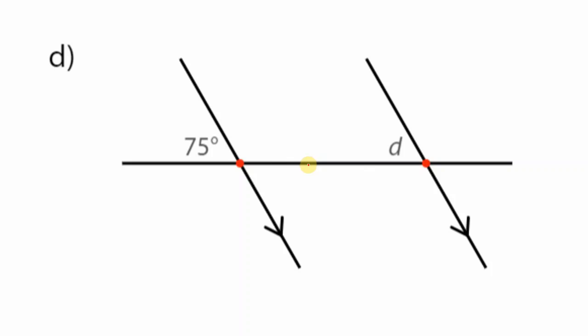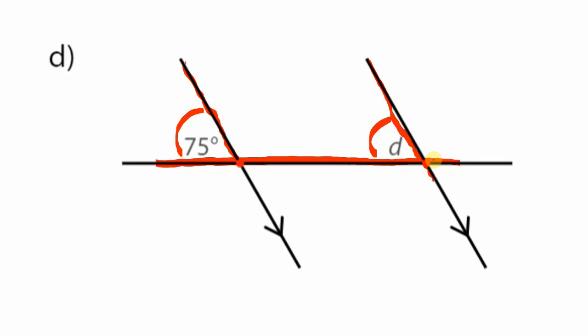Okay, so let's see. D, what shape do we have here? Okay, I see the F shape. If I look at this angle and this angle, here we have our transversal. This one is below the one line. This one is below the other line, so they match in that way.